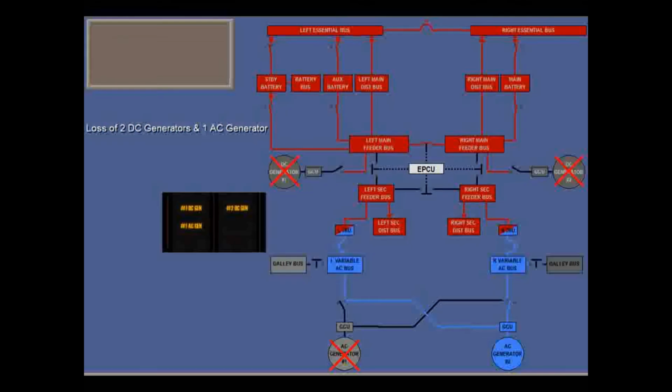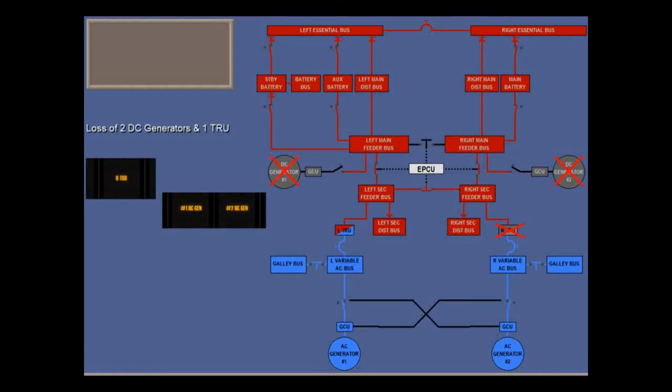If DC generator number 2 now also fails, the EPCU will open the main bus tie, the vertical bus ties will close, and AC generator number 2, via the TRUs, will power the whole system. However, you have no margin for error left, and should land at the nearest suitable airport.